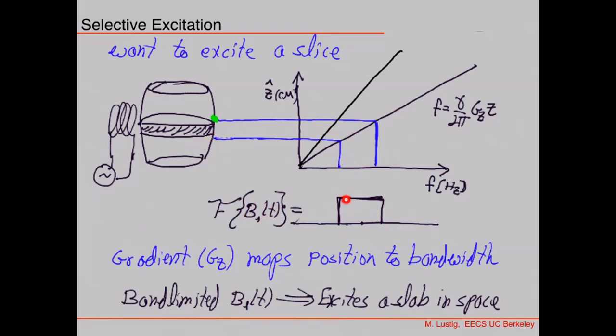Now, what type of B1 field, or B1 of t, would have a Fourier transform which is a rect? Sinc. I'll give you 8 points for that out of 12.